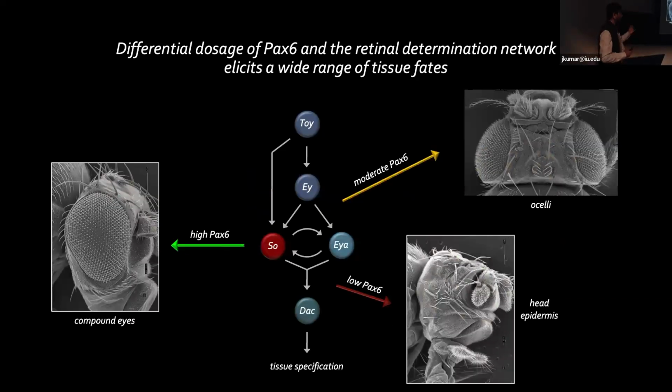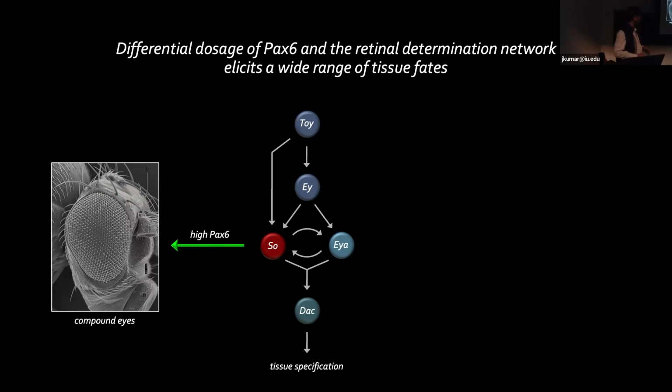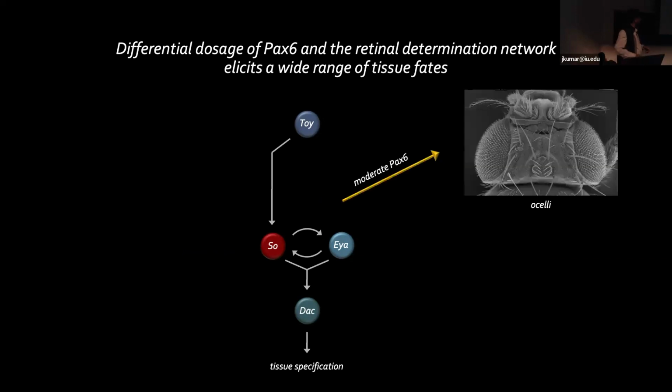So the idea overall is that in different tissues, you have different levels of PAX6 using different combinations of these factors, and they give you totally different outputs. So if you use both members, the stronger and the weaker, to activate the same downstream targets, you're going to make a compound eye. If you get rid of the strong one and only use the weak, you're actually going to get ocellar development.